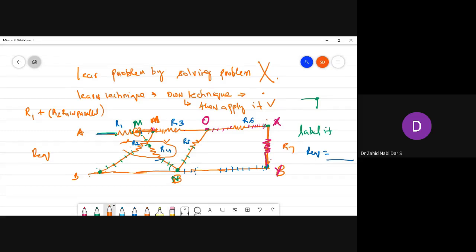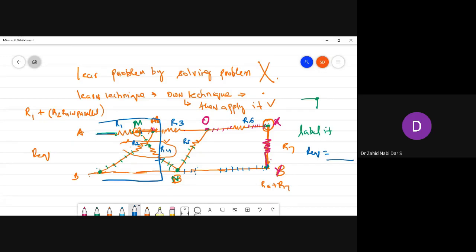So I see there is only one network. Here this is a series combination, so this circuit will reduce to R6 plus R7, and here it is R1 plus R2 parallel R4. So this circuit gets reduced till this point.